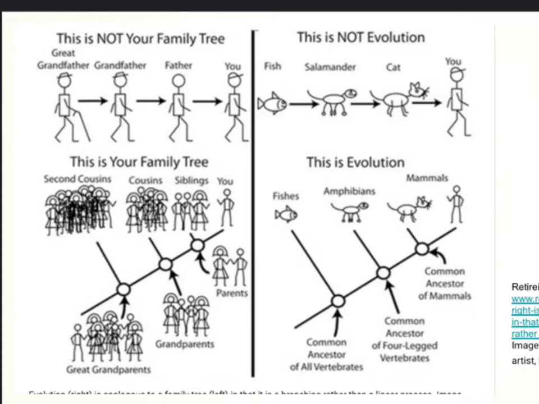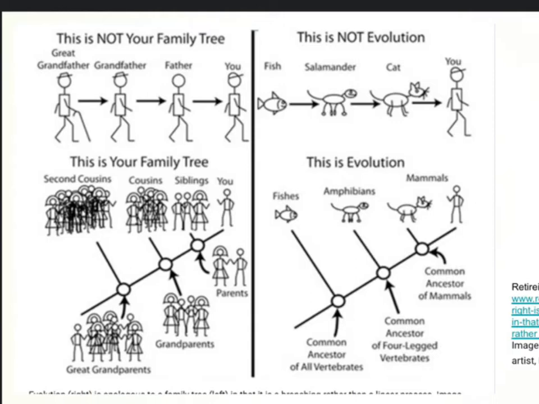Your ancestor is somebody who came before you. You are the descendant of your ancestors. So your mom and your dad are your ancestors. You and your siblings share a common ancestor, your parents. Who do you and your cousins share? You don't have the same parents, but you have the same grandparents.